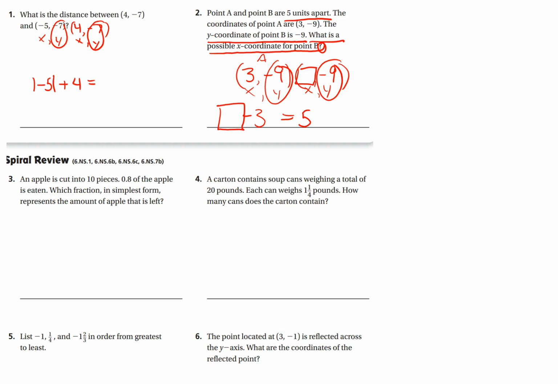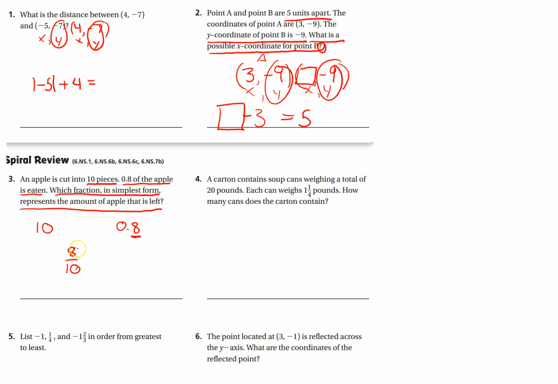All right, number 3. An apple is cut into 10 pieces. 8/10 of the apple is eaten. Which fraction in simplest form represents the amount of the apple that is left? Well, I already said 0.8. That 8 is in the tenths place, so that represents 8/10. We have 10 pieces.